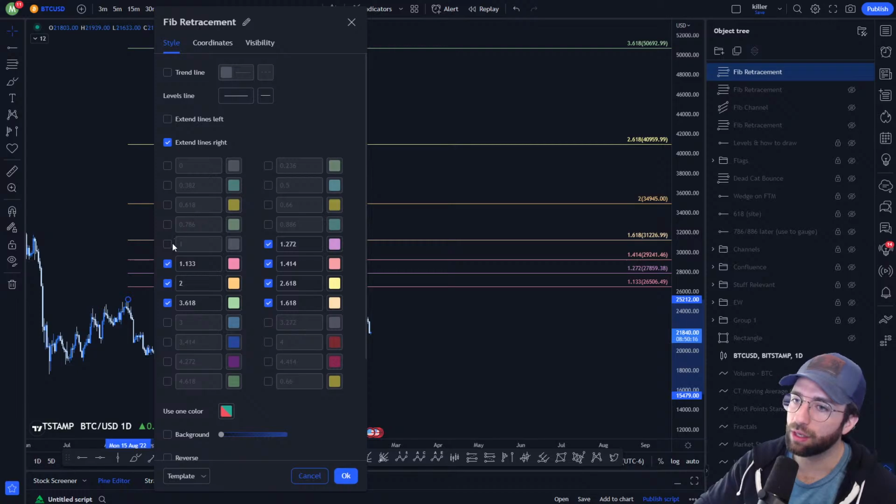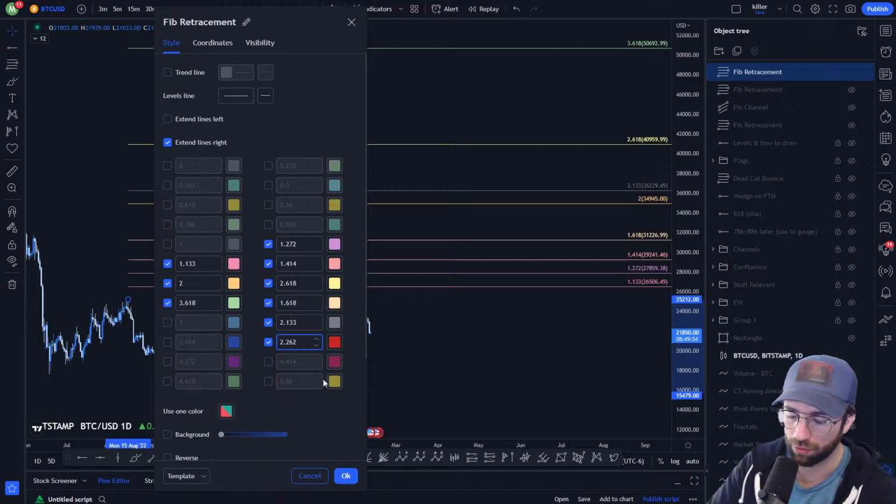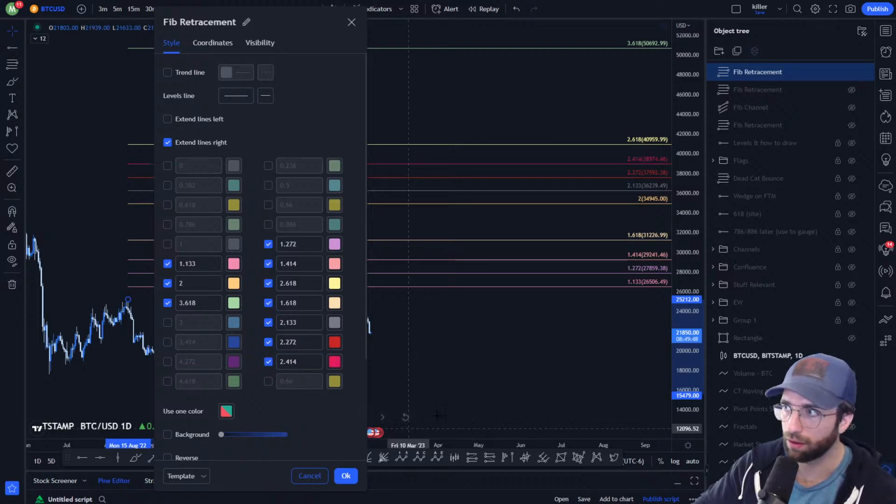All you would have to do is go in here and add the 2.272, or we have our 2 here. So if you wanted to add, you just go 2.133, and then here we could go 2.272, and here the 2.414, and then you basically have the repeat, right?